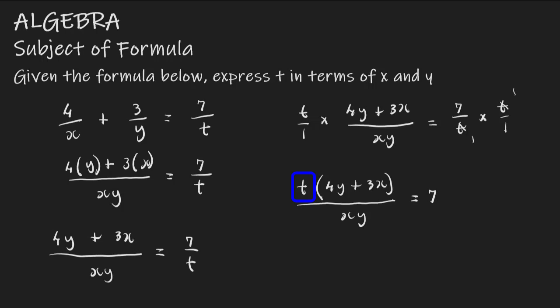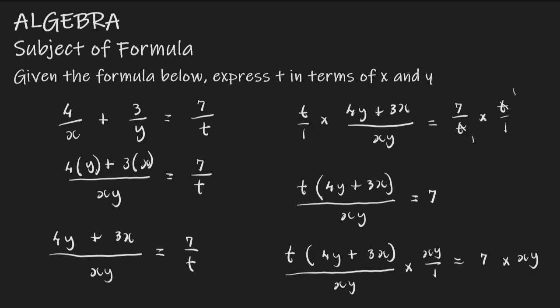My t term is being divided by xy. I need to remove xy from the left-hand side of my equation, so I need to use the opposite operation to division, which is multiplication. So I get t times (4y plus 3x) divided by xy times xy over 1 is equal to 7 times xy.